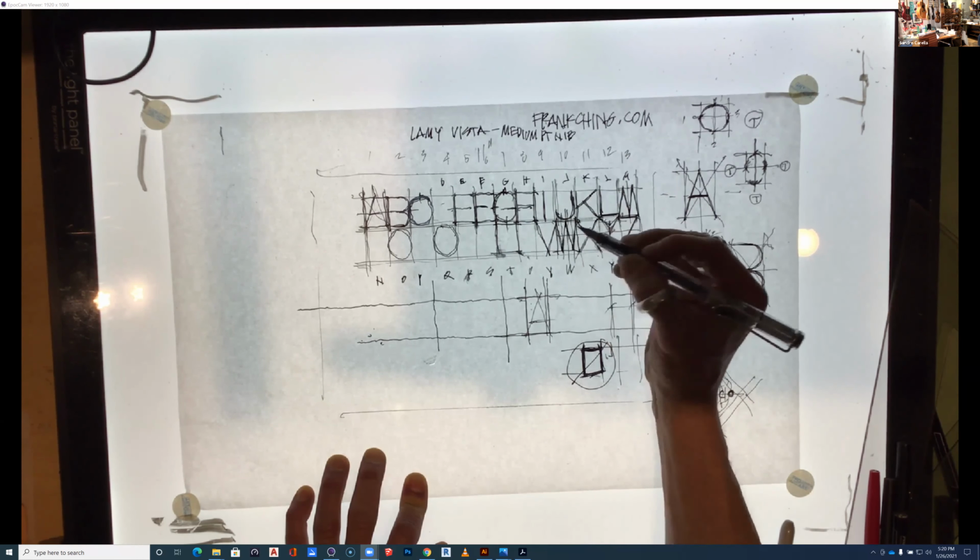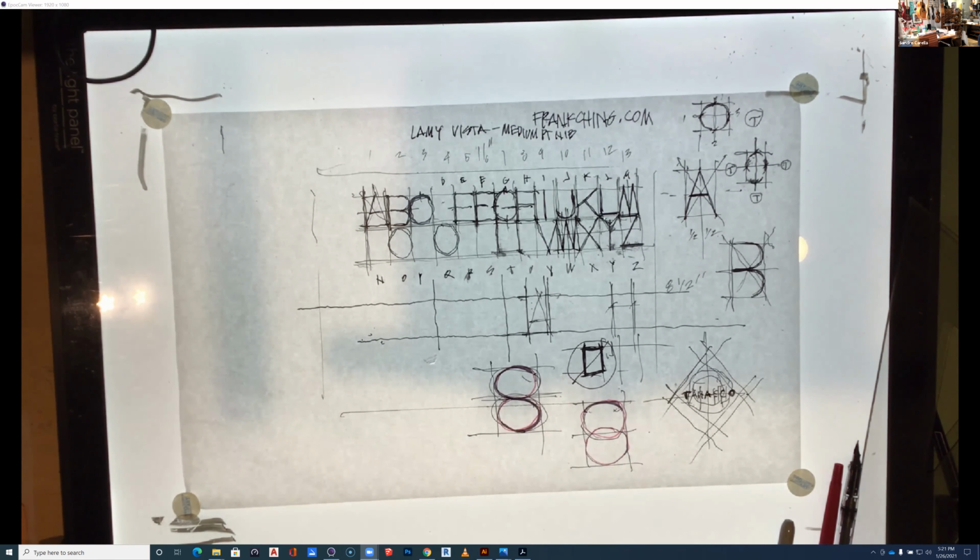I can't remember which one I used, but then there's a point of inflection where it reverses direction. I think that one is probably going to work best.